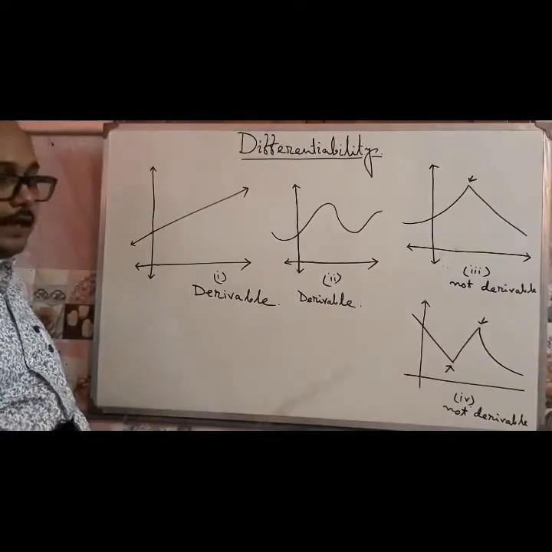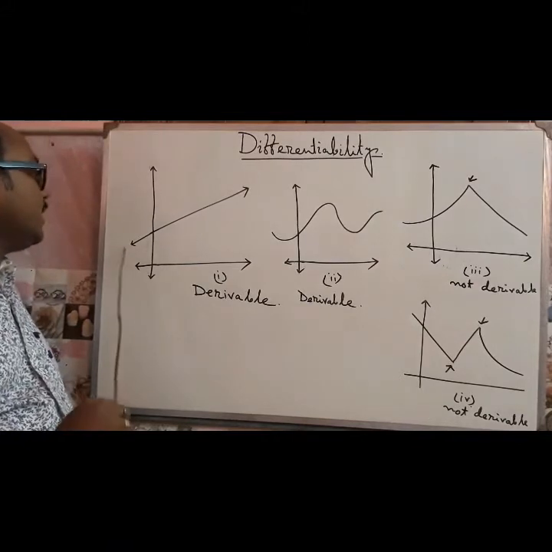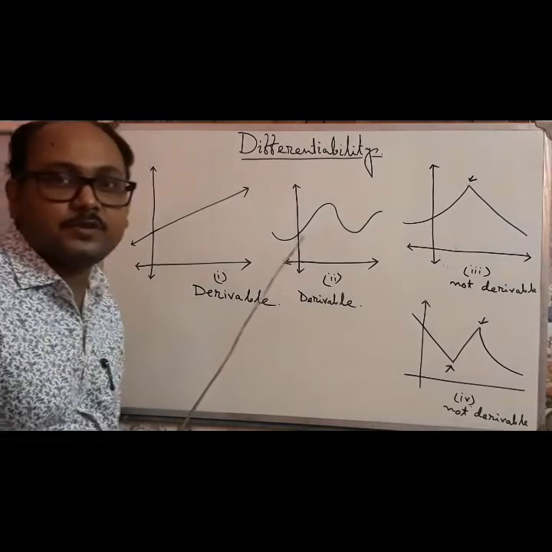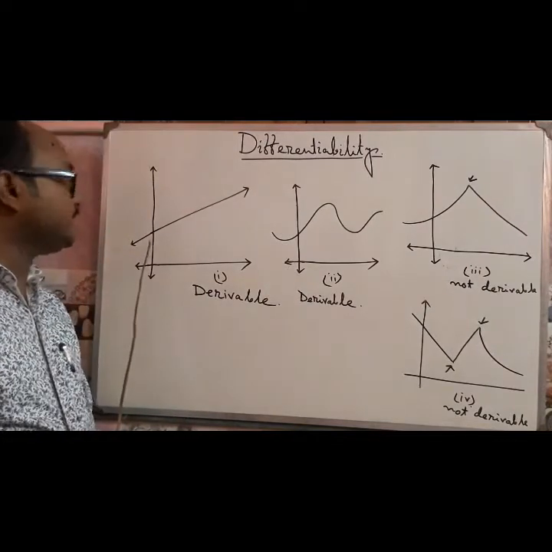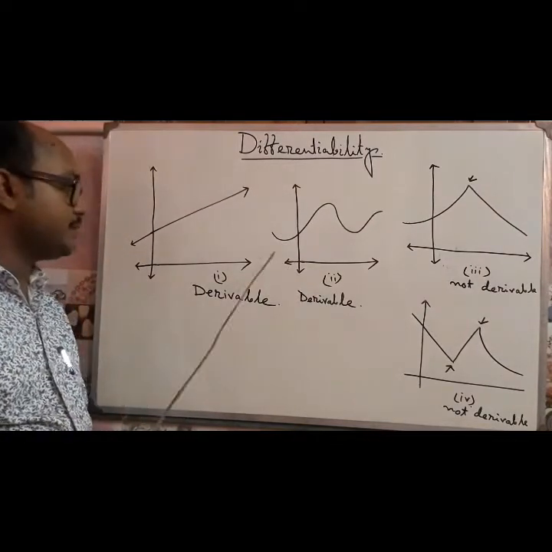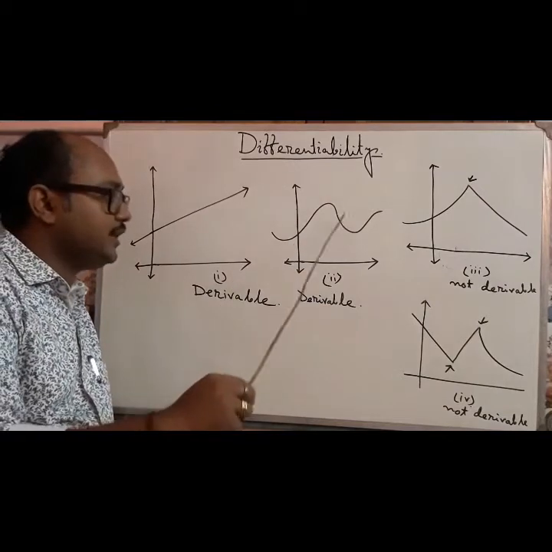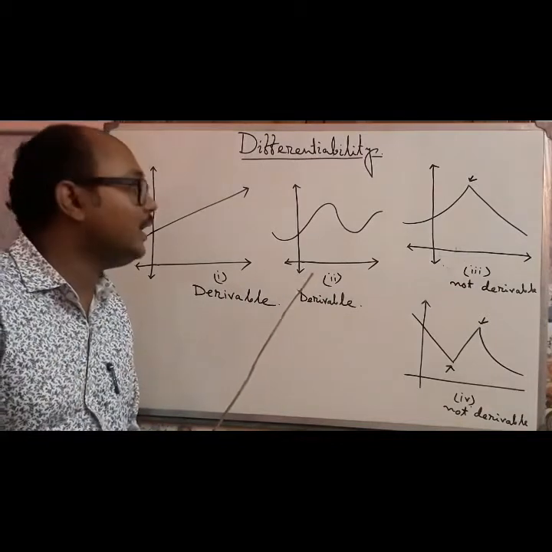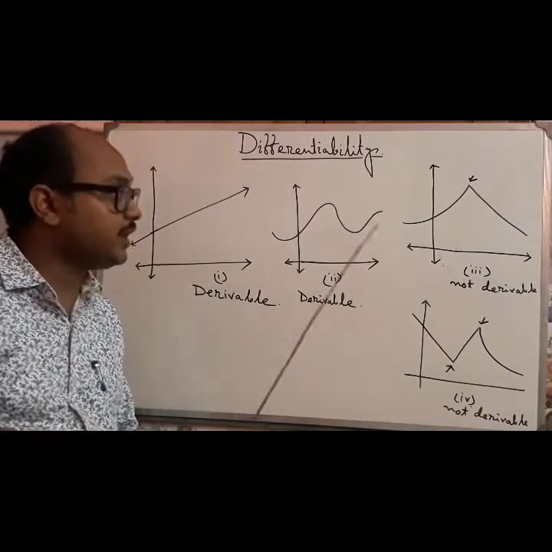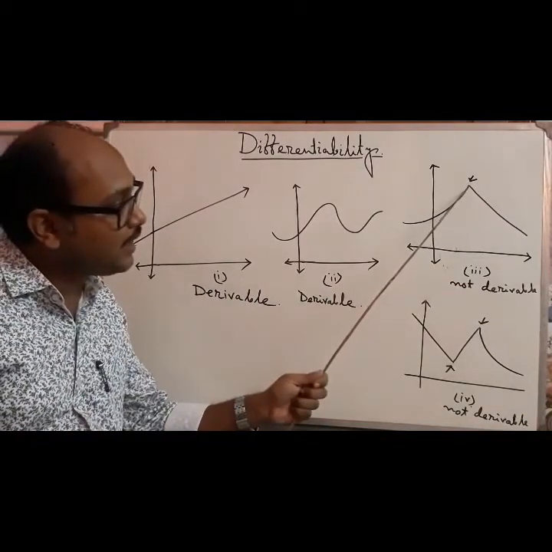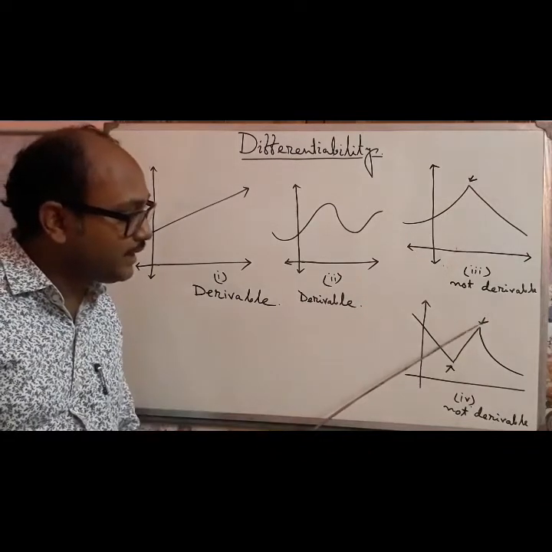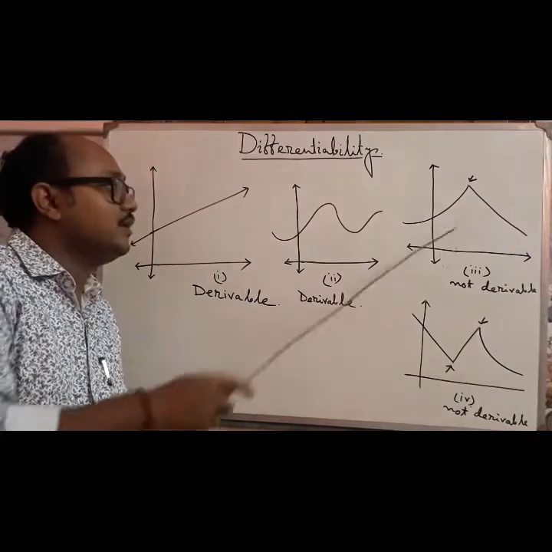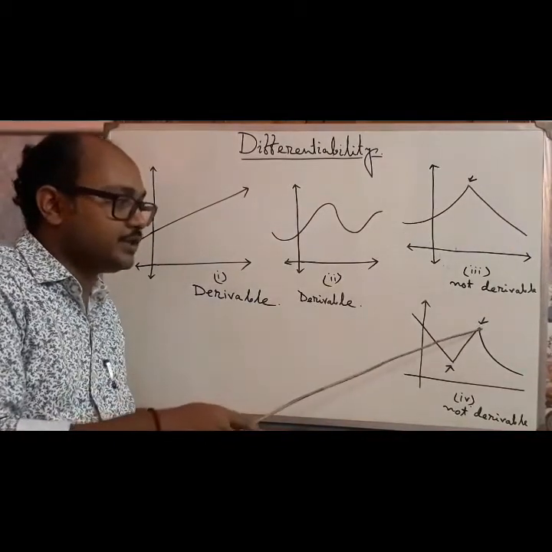Now you see the graphs. In the first case, it is a linear function. It is always differentiable; that means for all values of x in its domain, it is differentiable. A curve like this is also derivable for all values of x in the domain of its definition. But if there exists any peak point like this, at these points the function will not be differentiable.